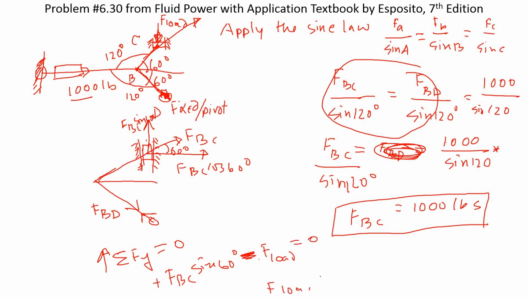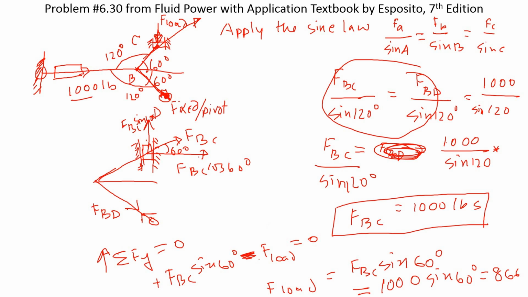So F_load would be F_BC sine 60, the only component going upward. So 1,000 pounds times sine 60 degrees is about 866 pounds.